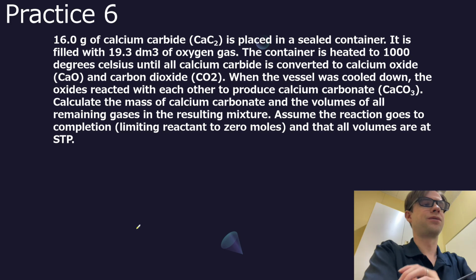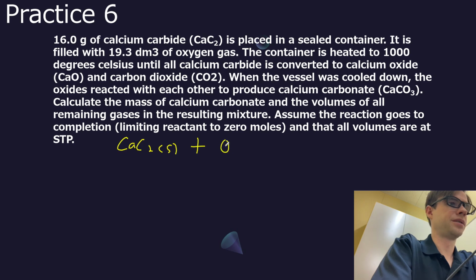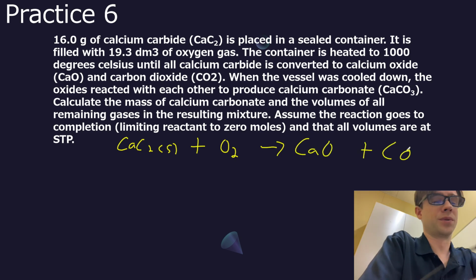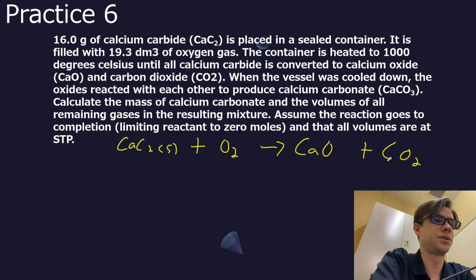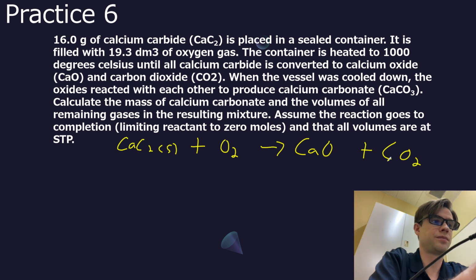I'd recommend you write the first chemical equation first. It says calcium carbide, CaC2, I think solid, is in a sealed container with O2 gas. It will go to calcium oxide, CaO, and carbon dioxide, CO2. This is what it tells you happens. It's not balanced yet though, so we better balance this. I think we're going to need 2 CO2.